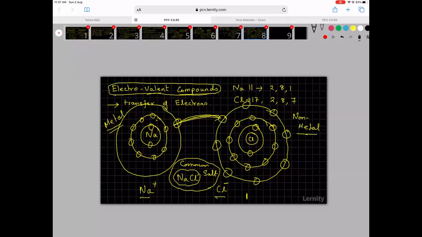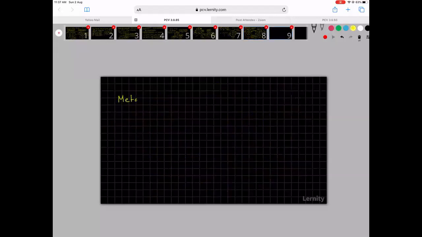Non-metals react with each other to form covalent compounds. So when you look at combination, a metal can combine with a non-metal, and a non-metal can also combine with a non-metal.